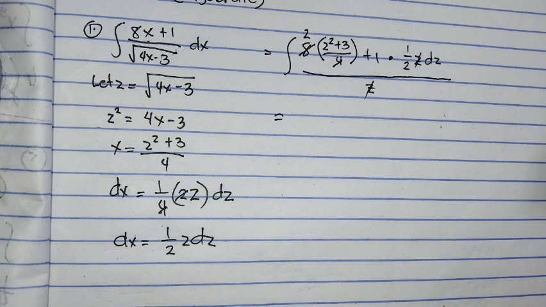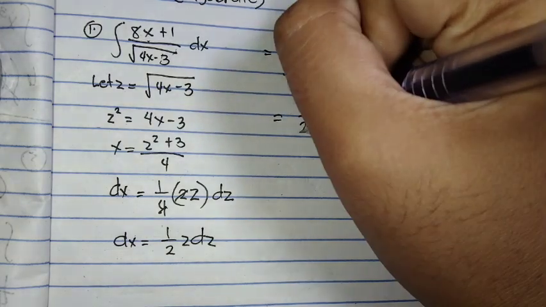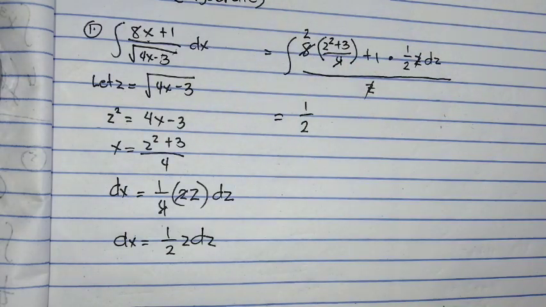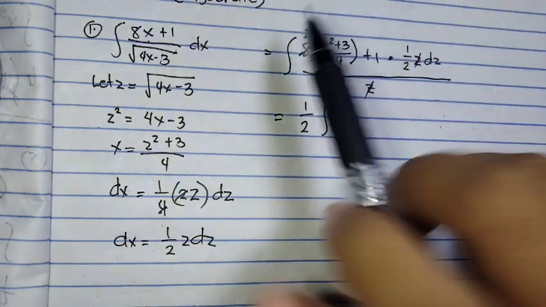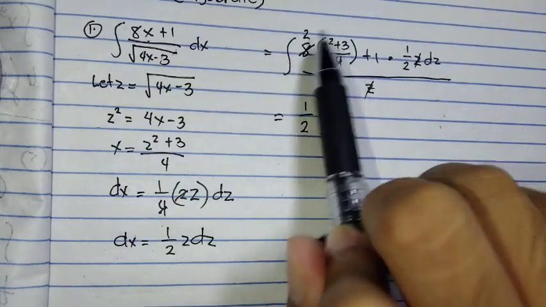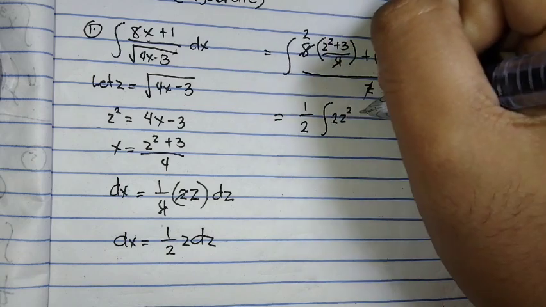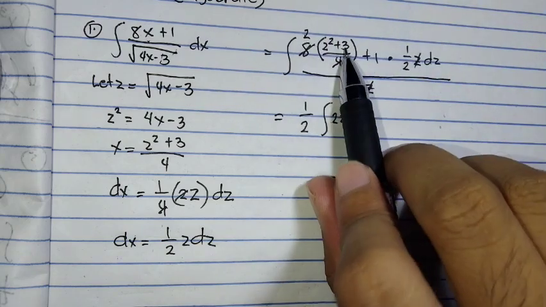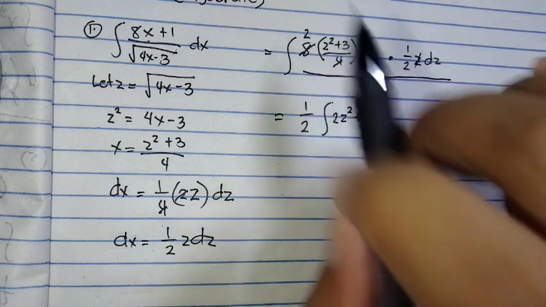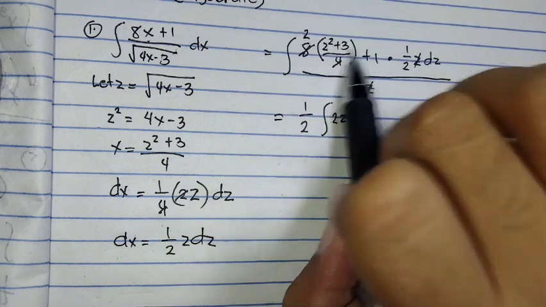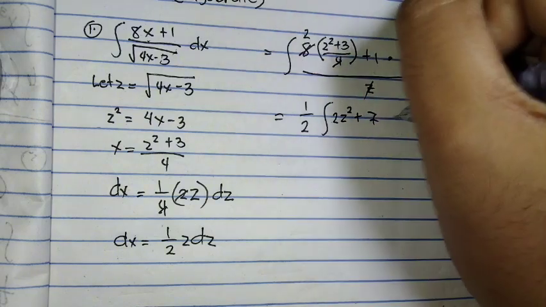After that, we're going to factor out 1/2. Factor out the constant, which is 1/2. What is left is we're going to distribute 2. So 2z squared plus 3 plus 1, 2 times 3 is 6 plus 1, that would be 7 dz.